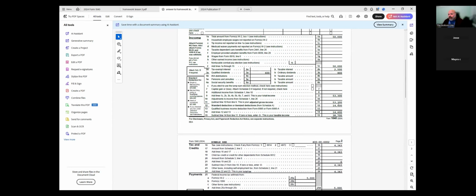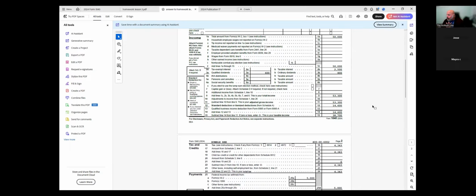You're going to look up the standard deduction, and we're dealing with 2024. So the standard deduction for a single person, 2024, under the age of 65, is 14,600. That's his standard deduction. If we're going to itemize, we need to know how much mortgage interest, and we didn't do itemized yet.